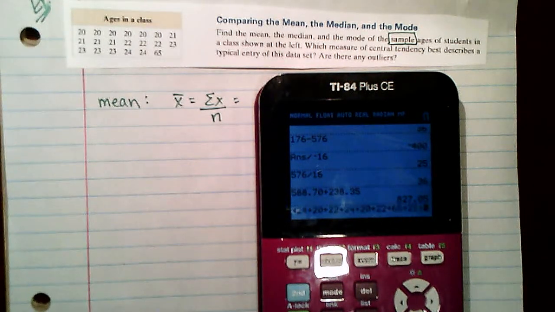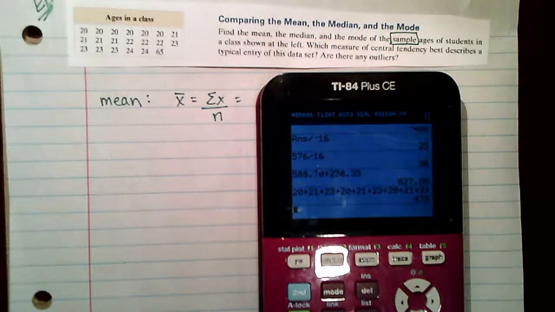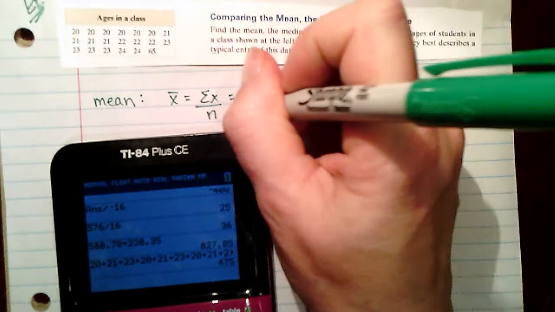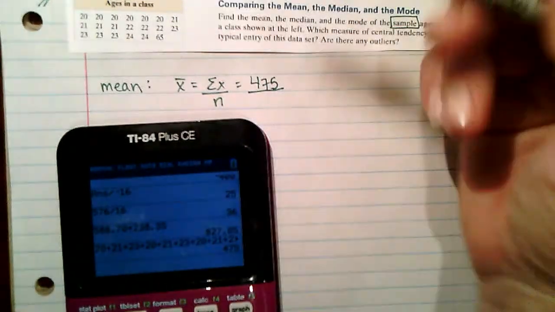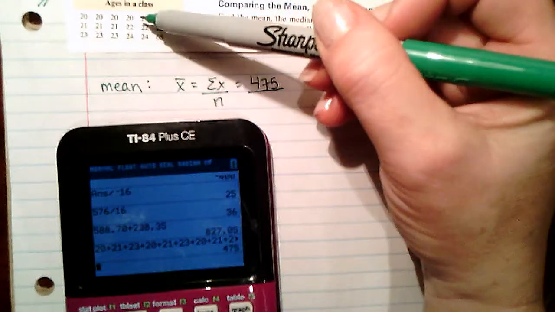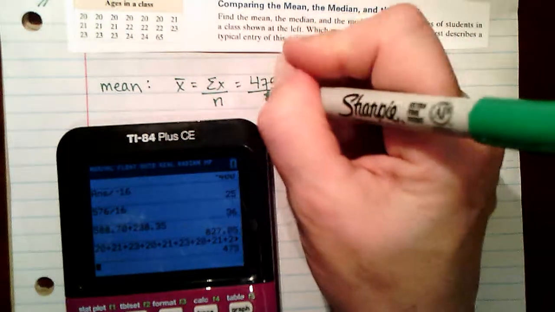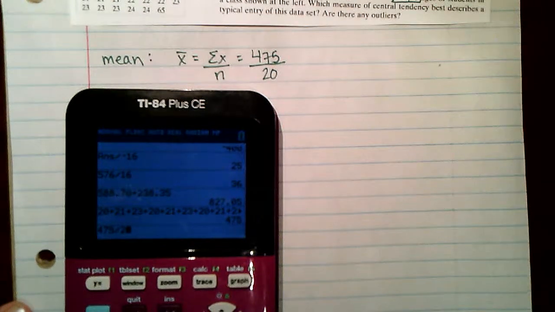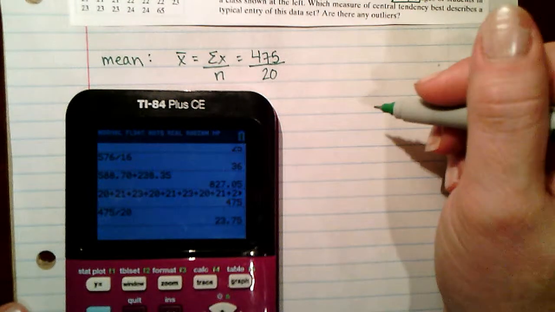Ooh, that 65 is weird. When I add those all up, I get 475. And I've got 3, 6, 9, 12, 15, 18, 19, 20 data values. So I'm going to do 475 divided by 20, and that gives me 23.75.